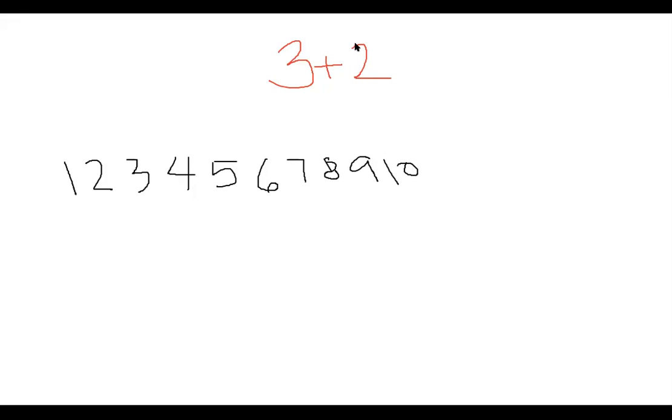So we're going to start at 3 and then count 2 more. I'm going to move it 2 from 3. 1, 2. So what's the answer? And my answer would be 5.